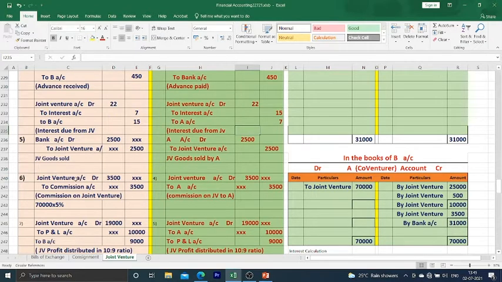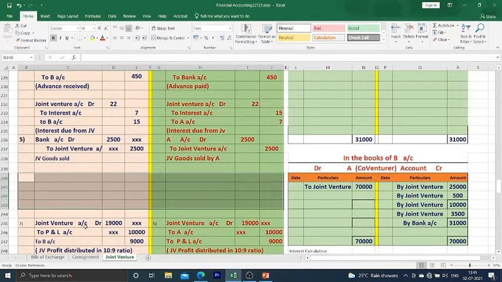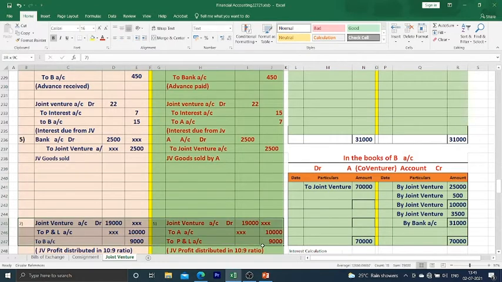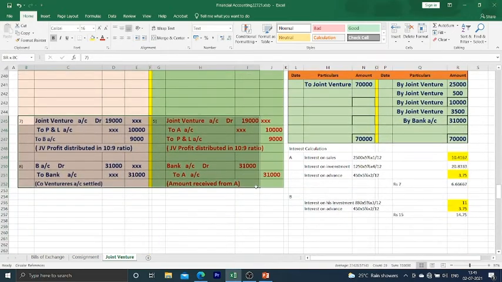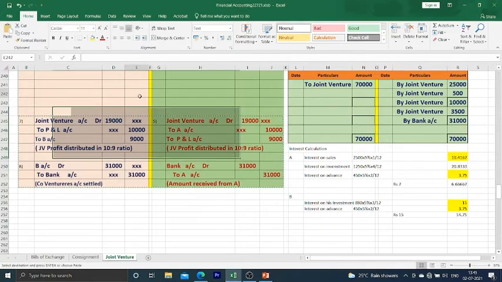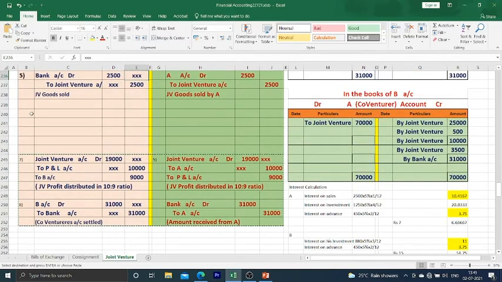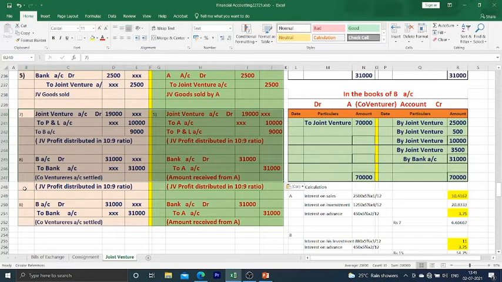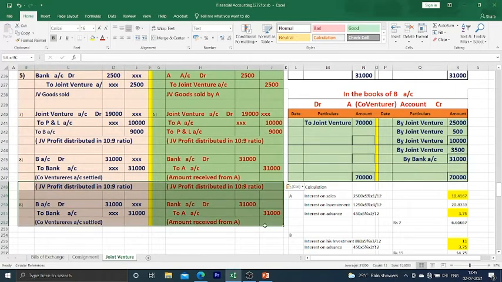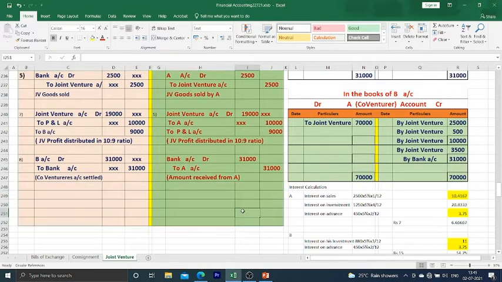There is no commission, and we will calculate the profit and the settlement account. Taking notes, please try to understand.